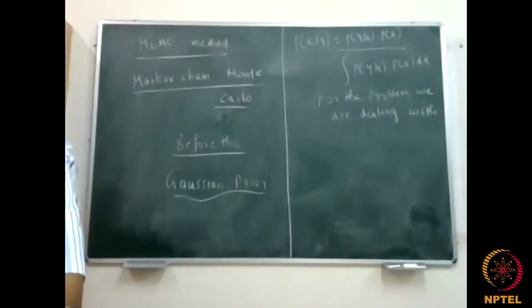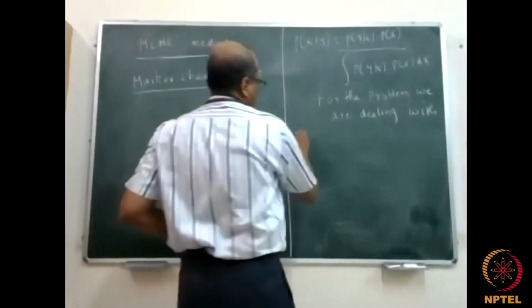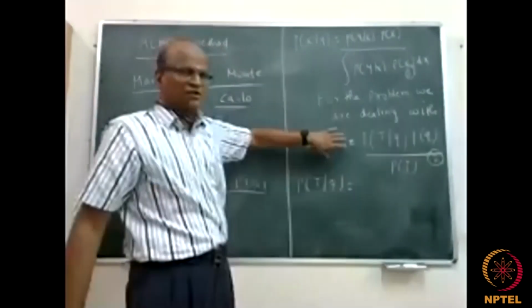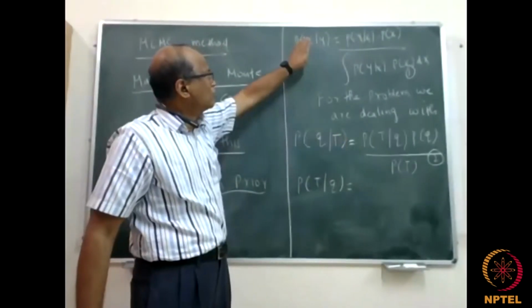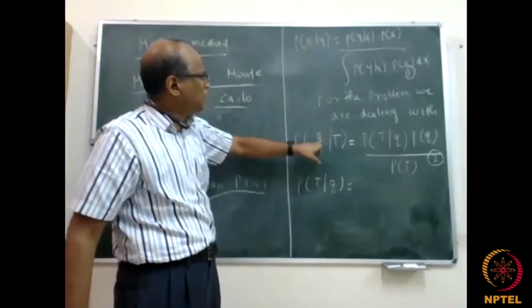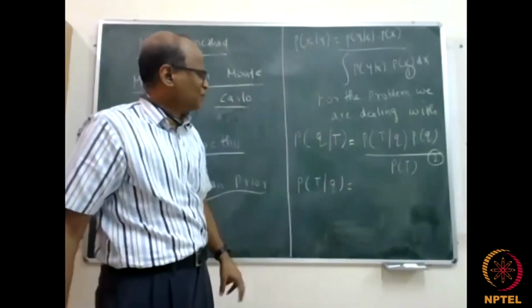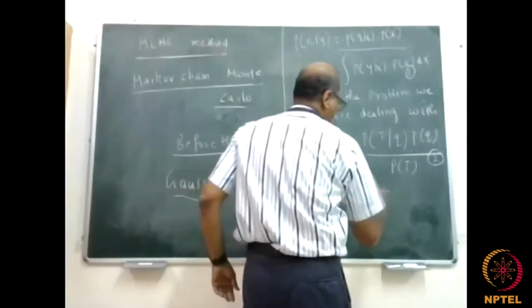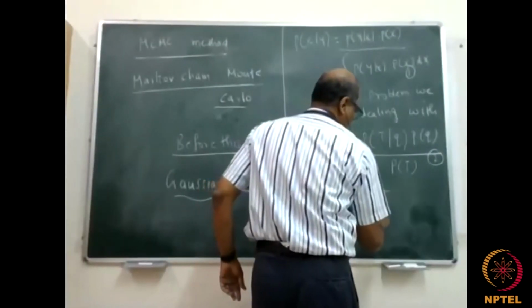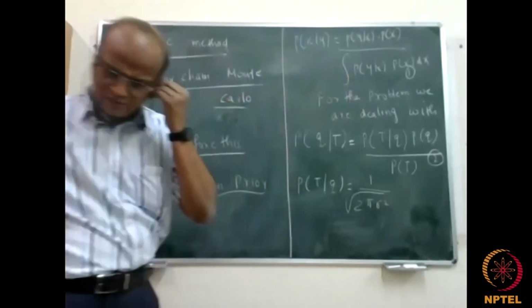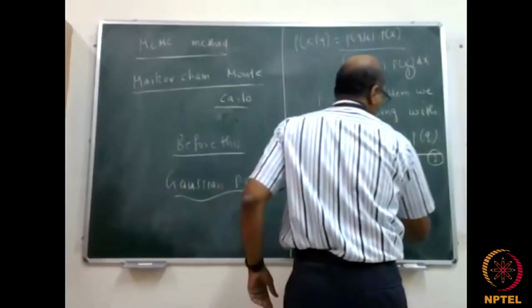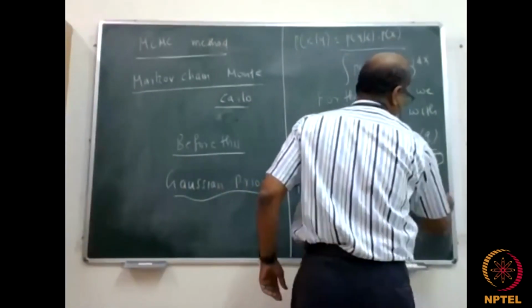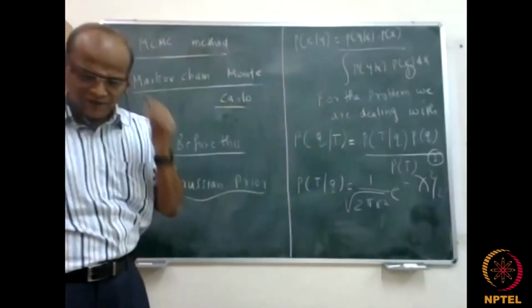So for the problem under consideration, our parameter to be retrieved is the Q and T is the temperature. So the likelihood density function, P of T given Q, is basically 1 by root 2 pi sigma square, e to the power of minus chi squared by 2, where chi square is the sum over j of the difference between the simulated and the measured temperature at j, squared, divided by sigma square.